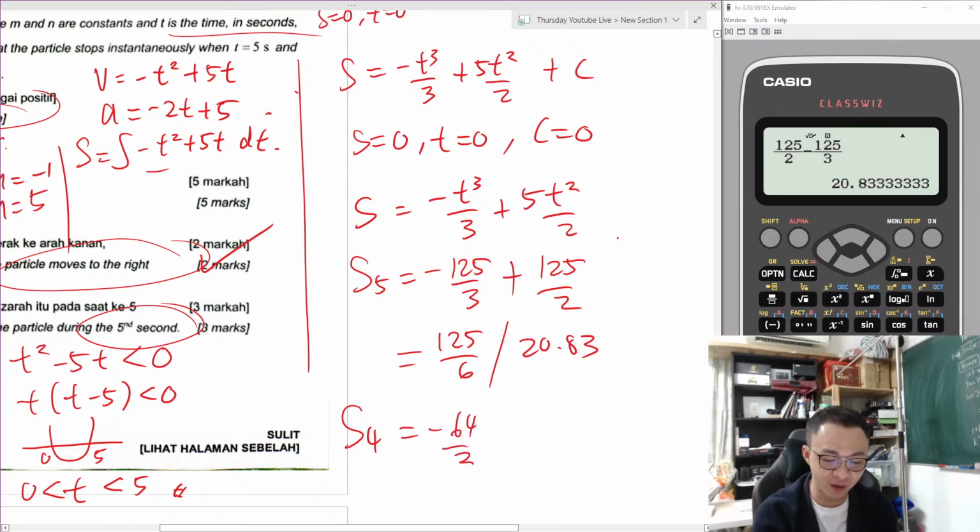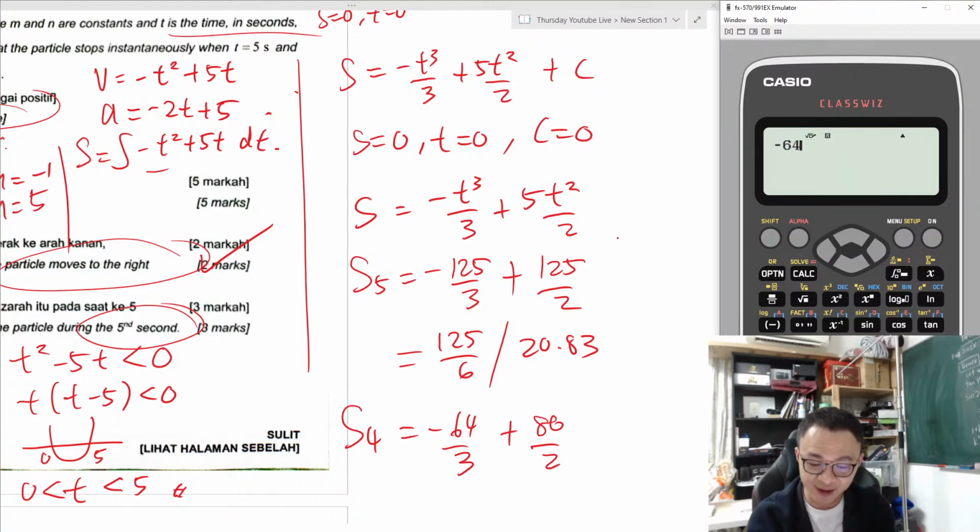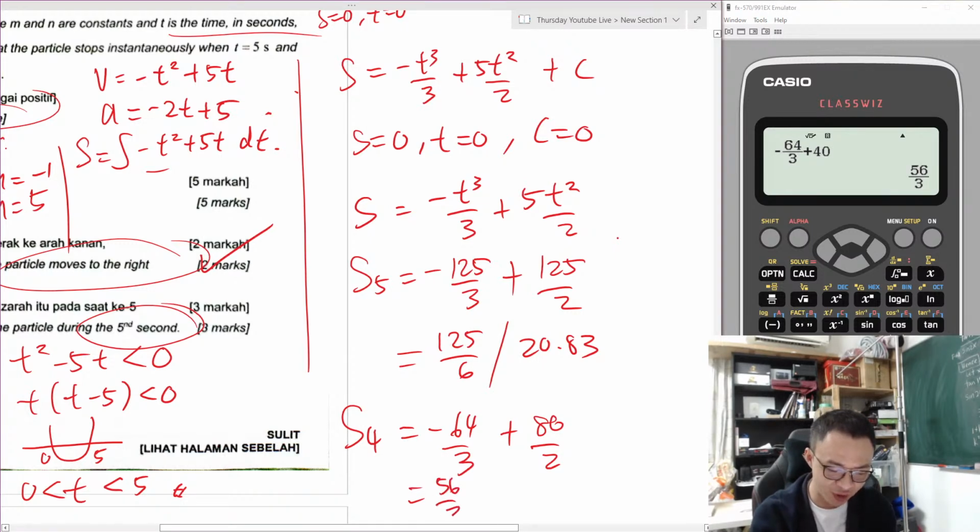So for S4, I sub the 4 into here. Negative 64 over 3 plus 5 times 16 is 80 over 2, right? Alright, this is 40. Negative 64 over 3 plus 40 is 56 over 3, or if you prefer decimal, 18.67.